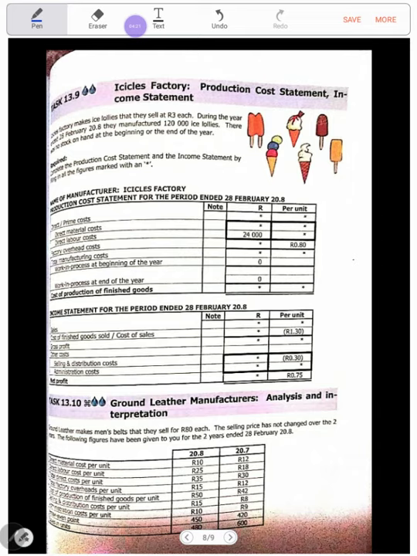They told us that we've got the 80, and I'm going to multiply it by the number of units we produced in order to get the total amount again. We've got the 24,000. I'm going to divide it by the number of units produced in order to get the per unit amount.